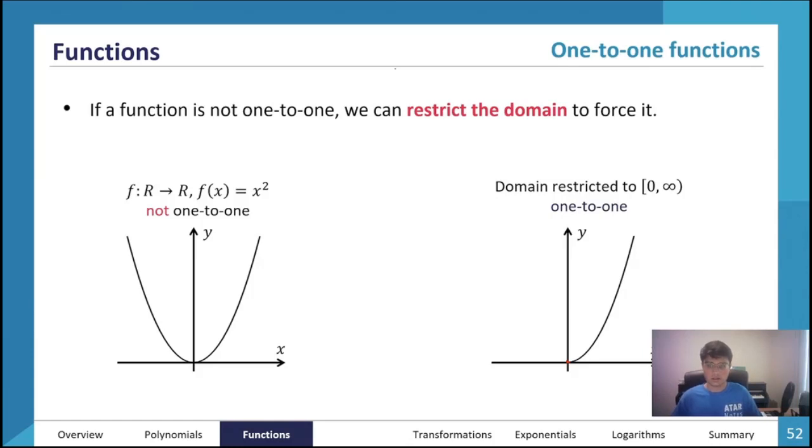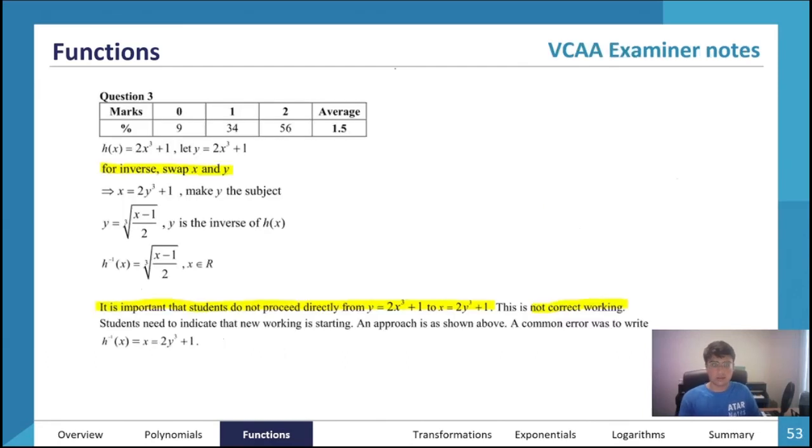Okay, so yeah, we can restrict the domain of functions. We've already looked at that though. And then this is just some VCAA examiner notes. You can see here that they explicitly want you to write that you swap x and y to find the inverse.